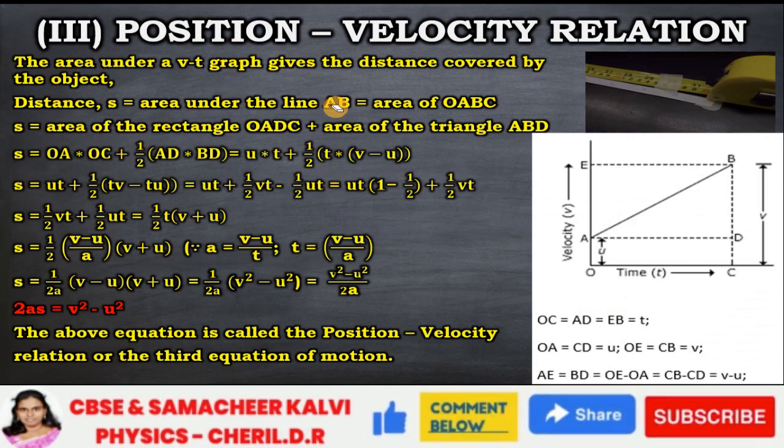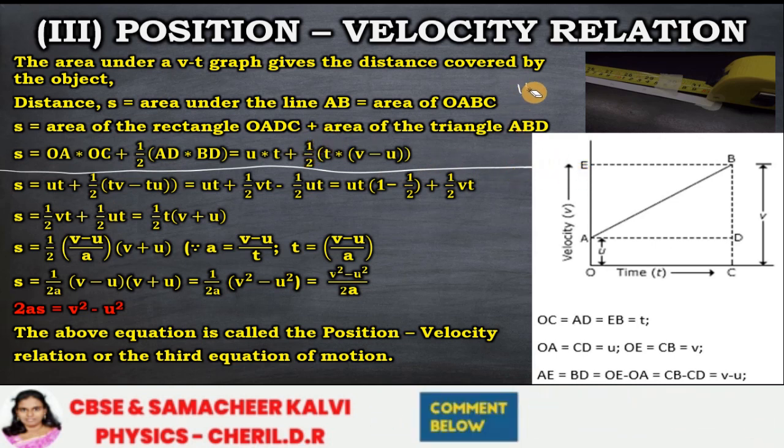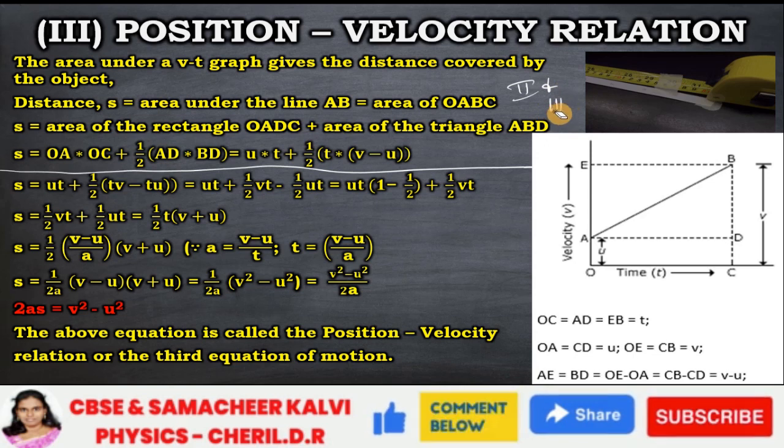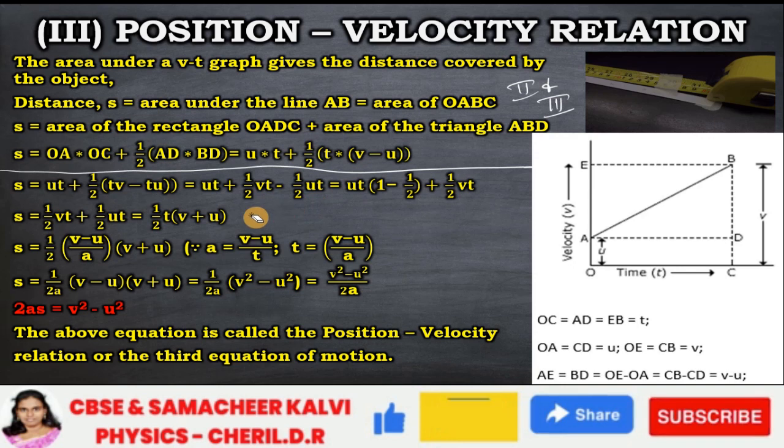Just go through this now. For the area under the v-t graph, as I told you, till this step it is the same for both derivations, that is the second and the third. After this only it is going to change. You multiply everything, bring the t separately, and then substitute for t as v minus u by a.